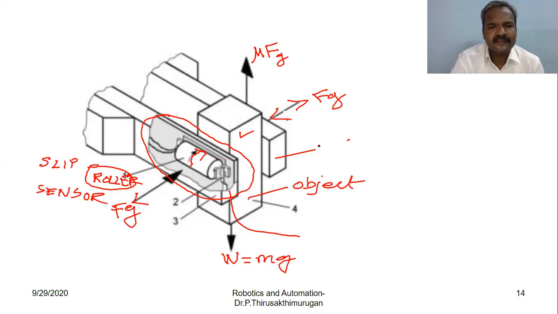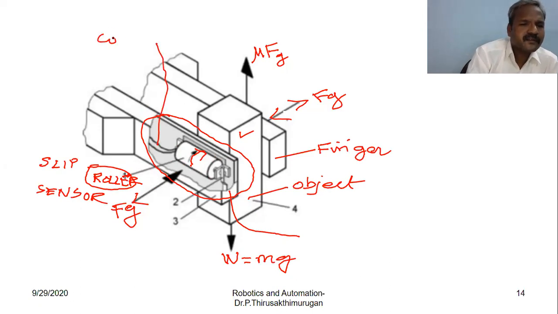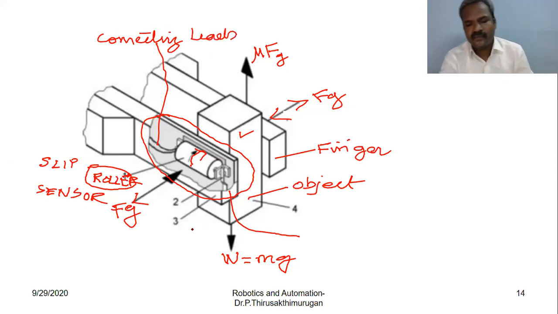These are all gripper fingers. This is the cut section inside the roller, and these are the connecting leads, which give information about position.